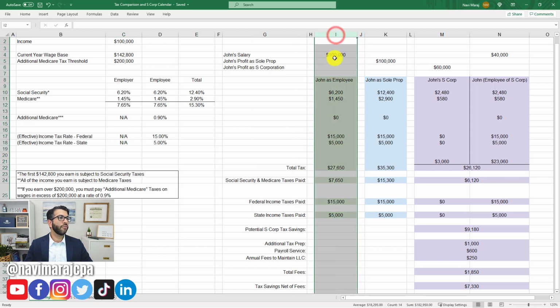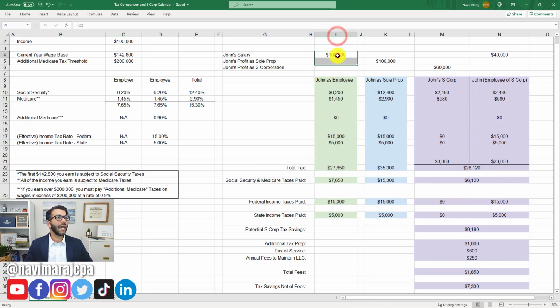So we're focusing on this column here. What taxes does John have to pay? John's got to pay Social Security and Medicare taxes on his $100,000 of income. Typically, this amount of money is withheld from John's paycheck by his employer, which is Google, but John is paying these taxes.